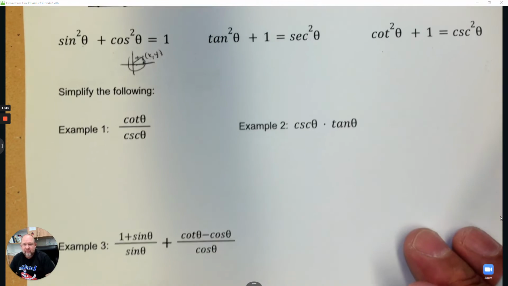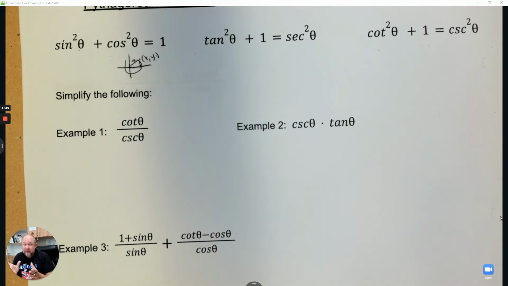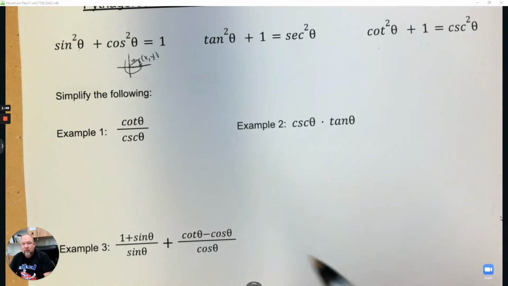The whole goal today is to be able to simplify trig expressions, to take something that's a little complicated or a lot complicated and make it simpler. So in example number 1, usually the first rule really is change everything to sine and cosine and work with it. Sometimes that doesn't work, but most of the time, if you change it to sine and cosine and then simplify, it works.